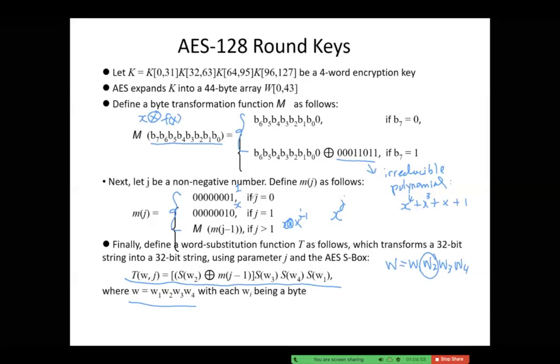And then you concatenate S of W3, S of W4, and S of W1. So that's what this T is. Okay, this is fairly complicated, but the execution itself is efficient. But when you want to do analysis, it would be very hard to do. So now let me erase this to move on to the next slide.